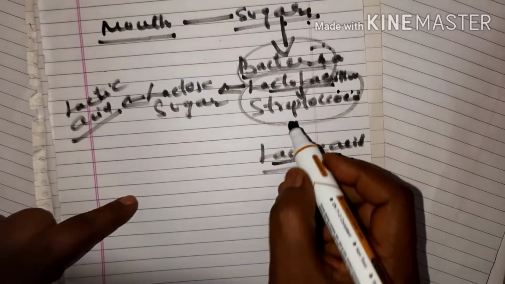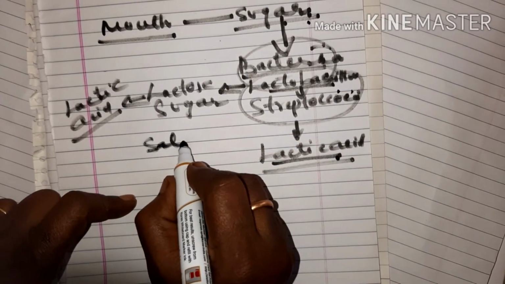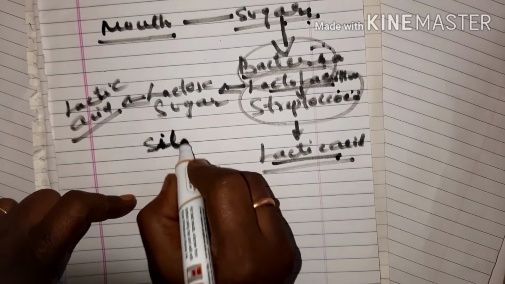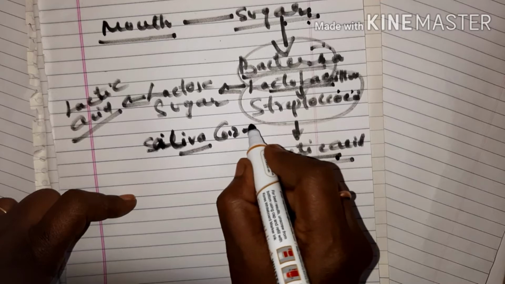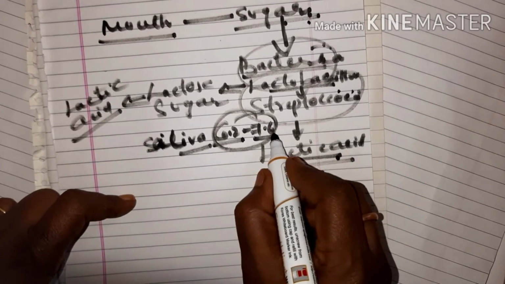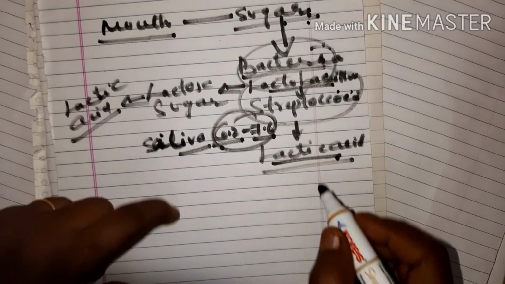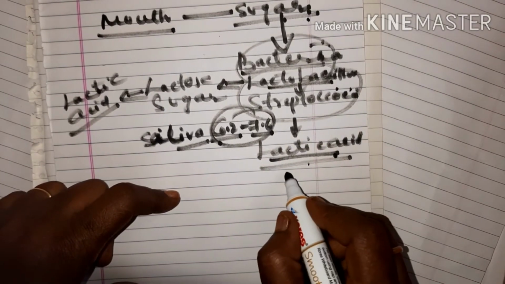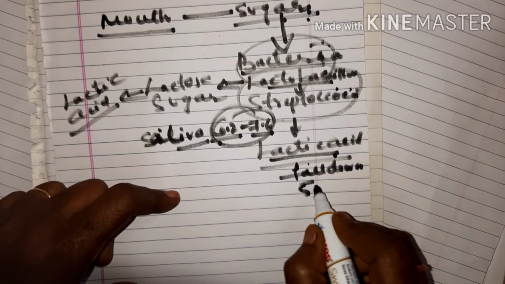So actually, what is the pH in the mouth, children? The pH in the saliva is 6.2 to 7.6. It is moderate, not too acidic or too basic. This pH level in the saliva, because of the acid, will fall down to 5.5, children.